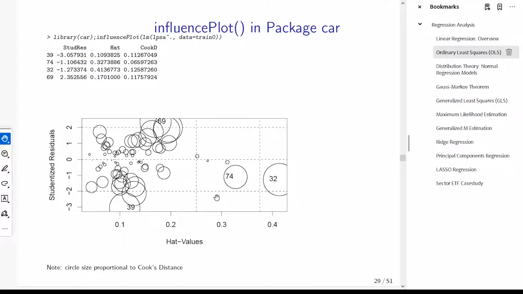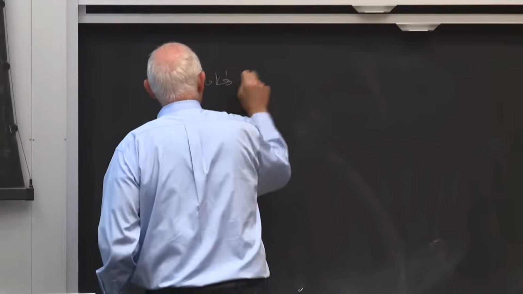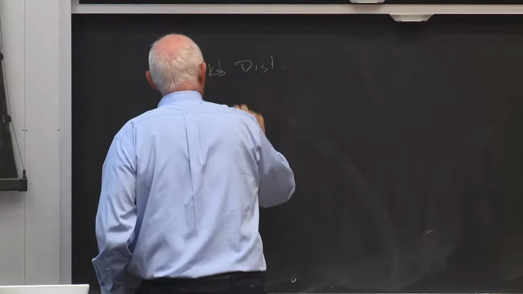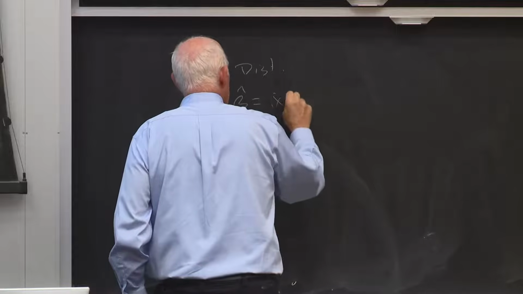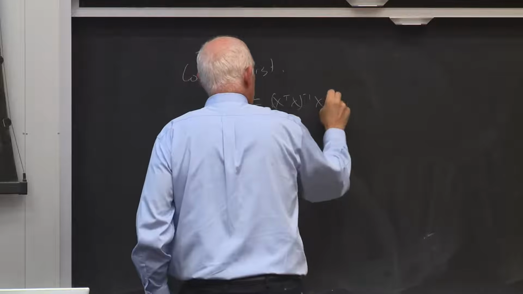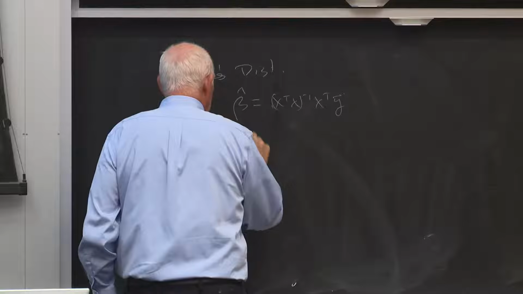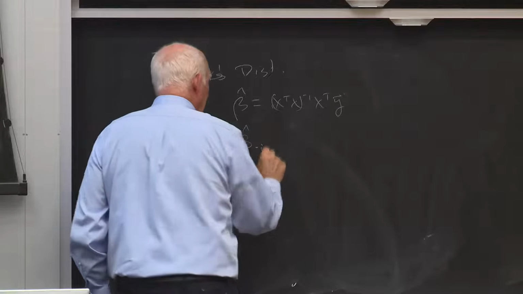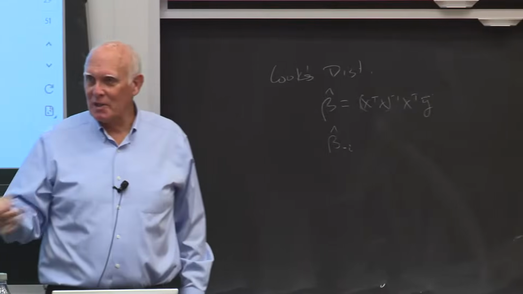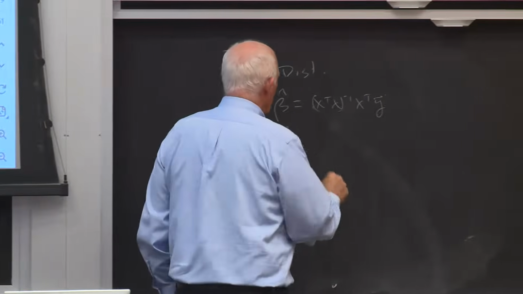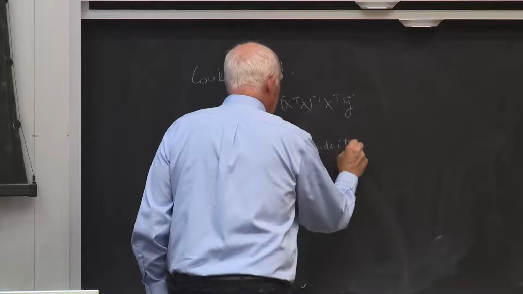So with Cook's distance, if we have beta hat equal to (X transpose X) inverse X transpose y, we can think of beta hat sub minus i, which is the least squares estimate if we were to exclude the ith case.